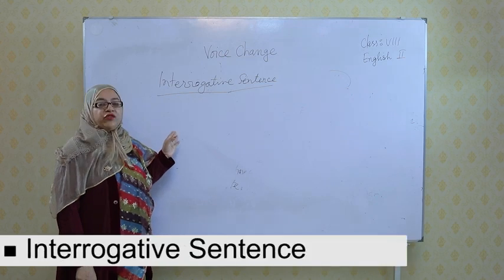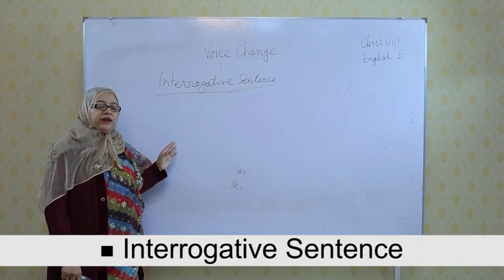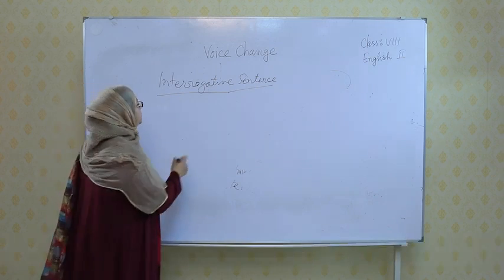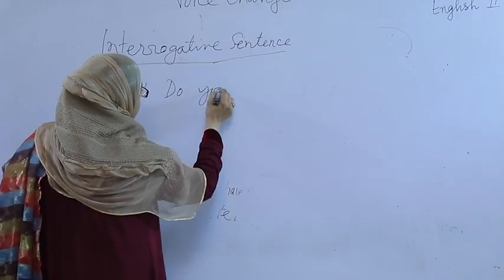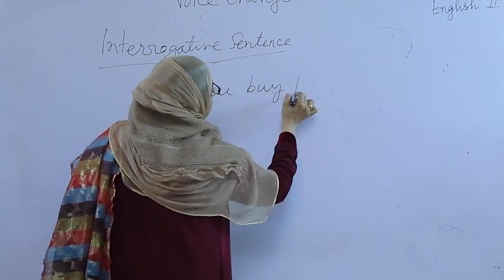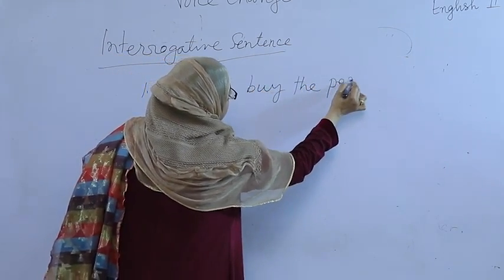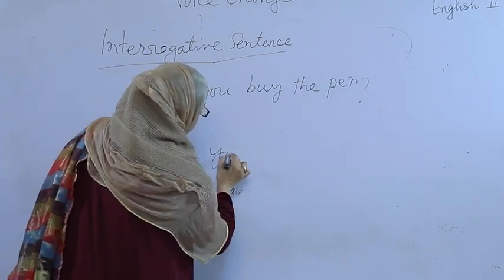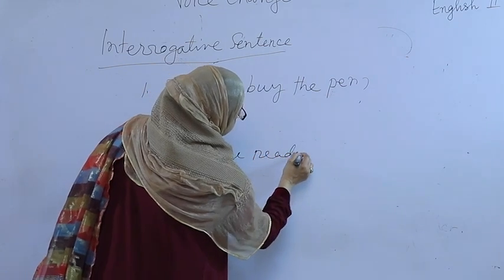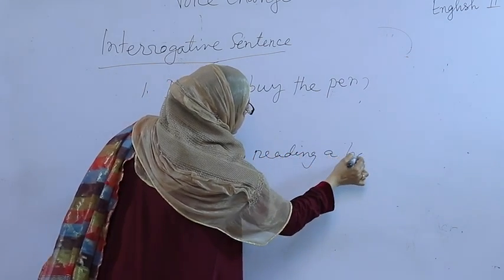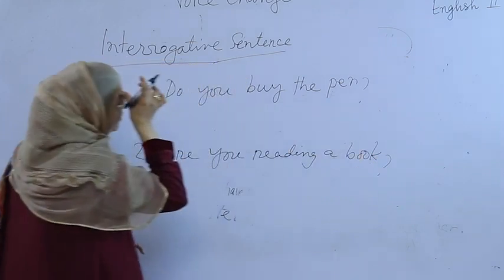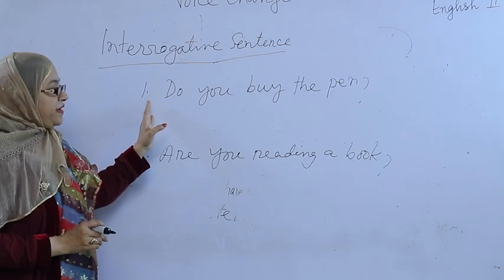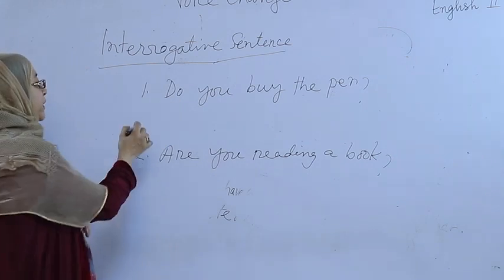Now we will look at some interrogative sentences and how we can turn them into passive. Look at the board. This is an interrogative sentence: Do you buy the pen?